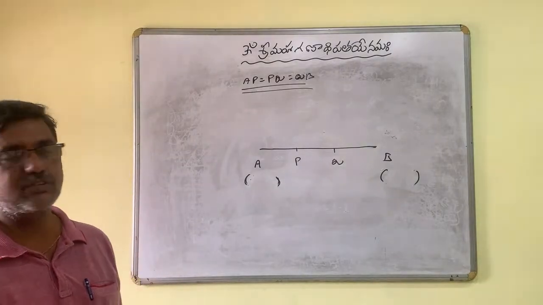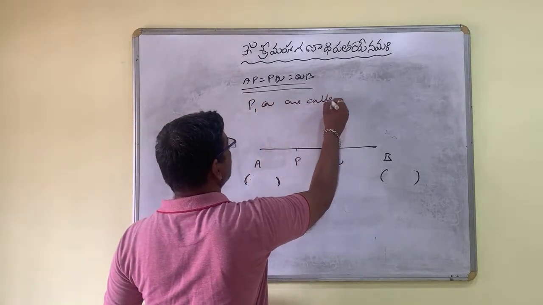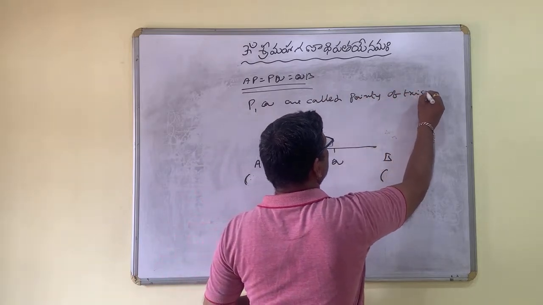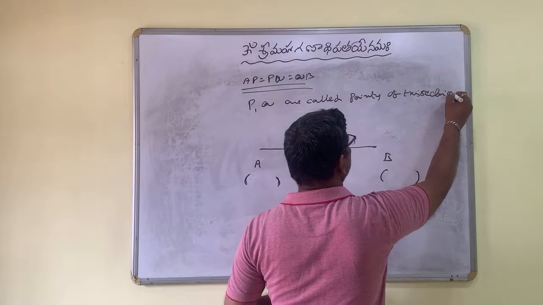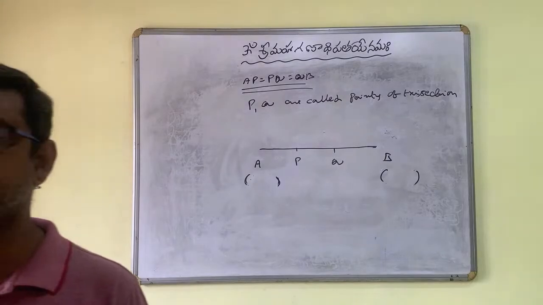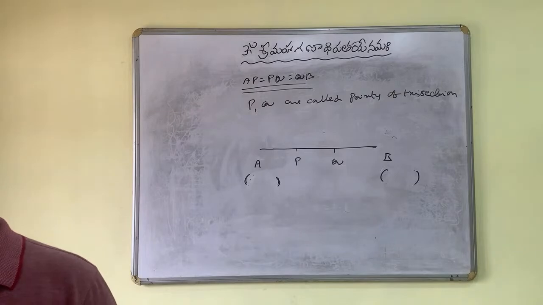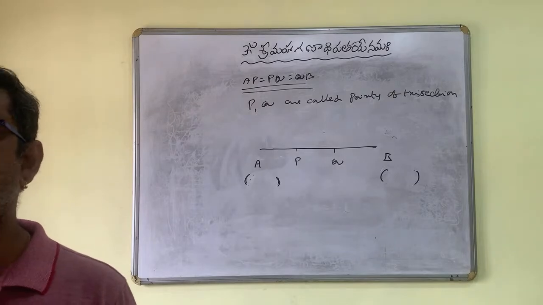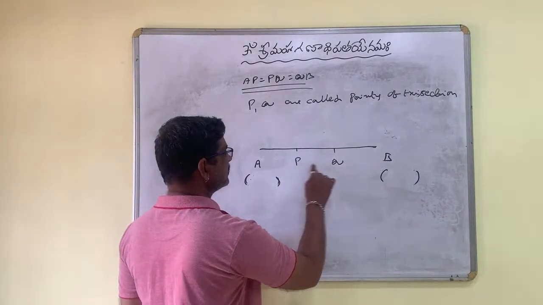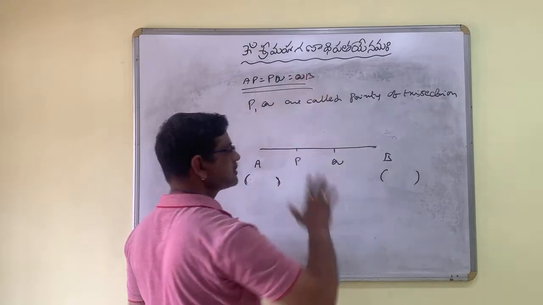That's why P and Q are called points of trisection. Trisection means into 3 equal parts. Points of trisection means these two points divide AB into 3 equal parts.